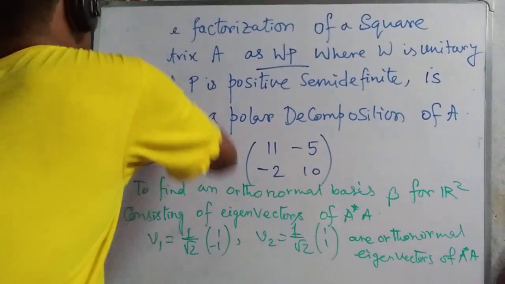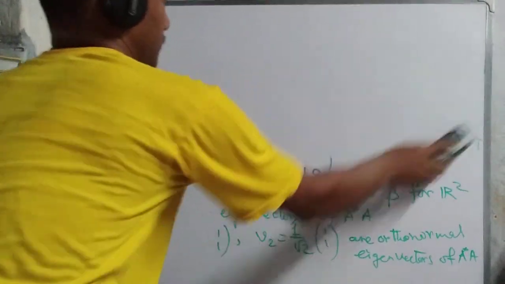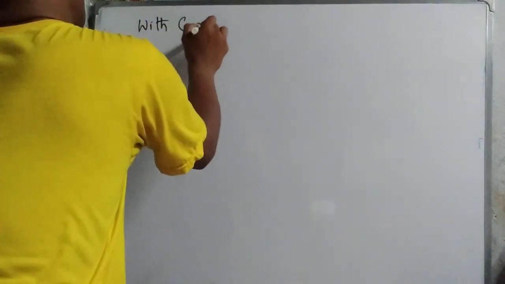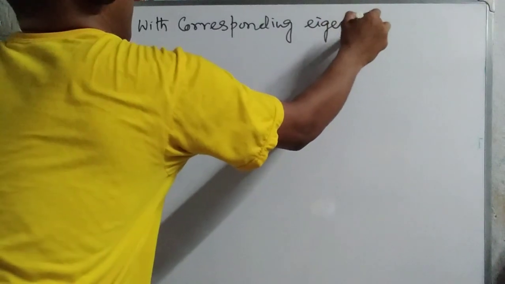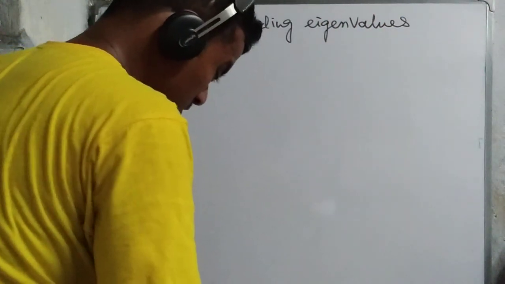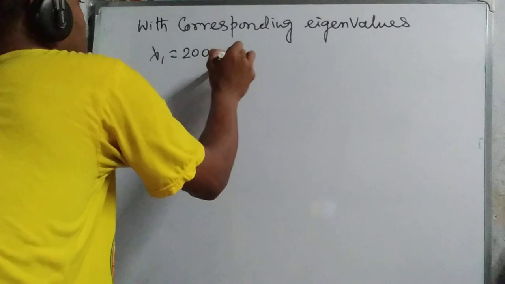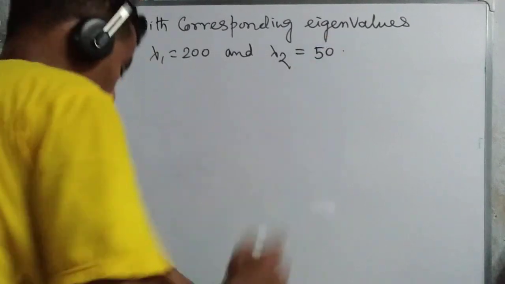Okay, we write it here, with corresponding eigenvalues: lambda 1 equal to 200, and lambda 2 equal to 50.